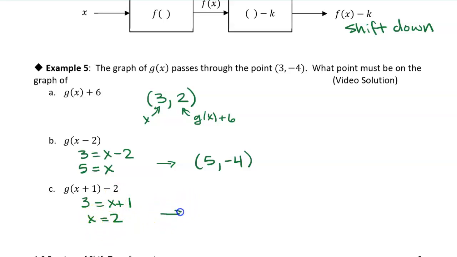So when the input is 2, then x plus 1 is equal to 3, and I know g of 3 is negative 4. But now I'm subtracting 2 from it, so my output is negative 4 minus 2, which is negative 6. So the point (2, -6) is on the graph of g of x plus 1, that whole thing minus 2.